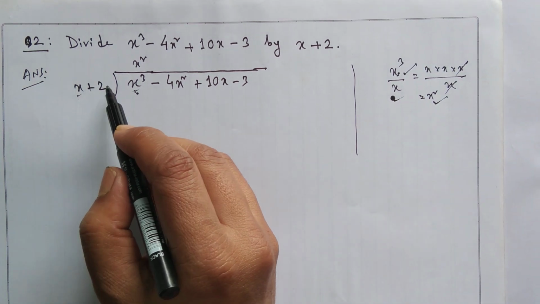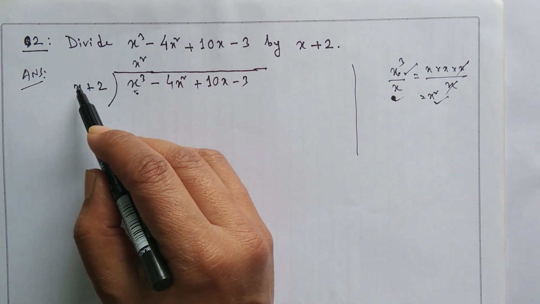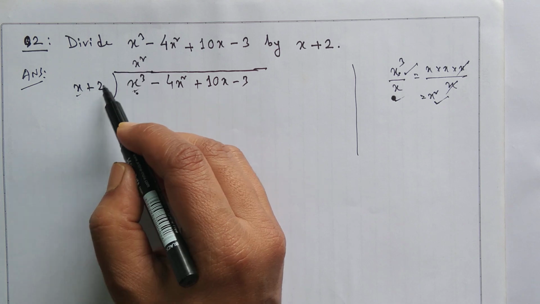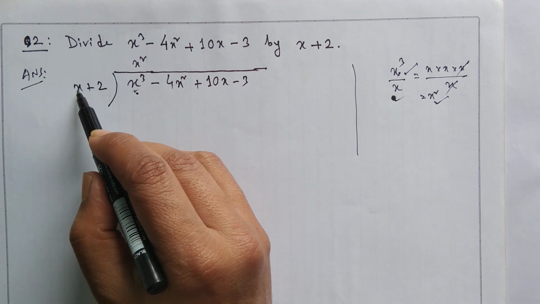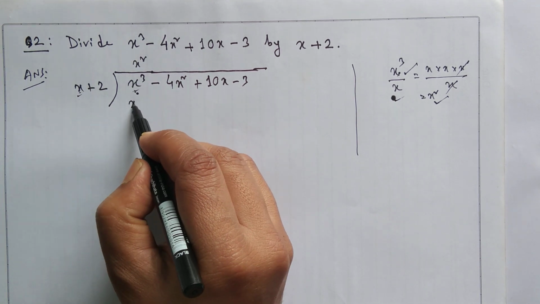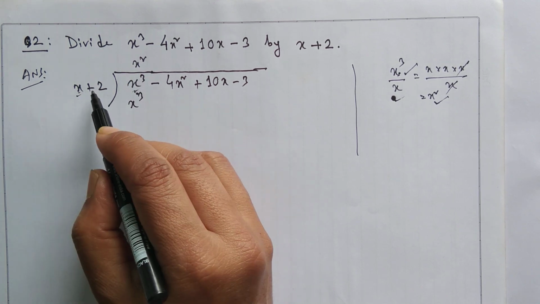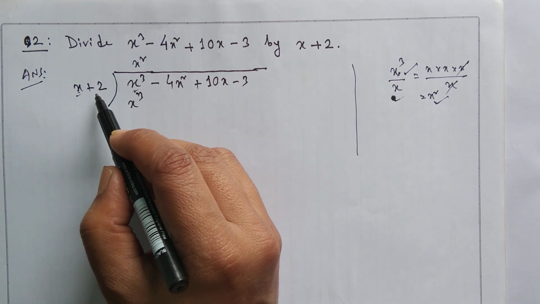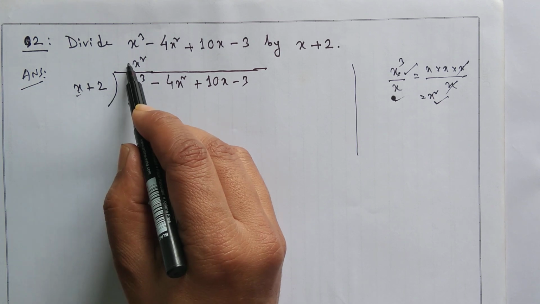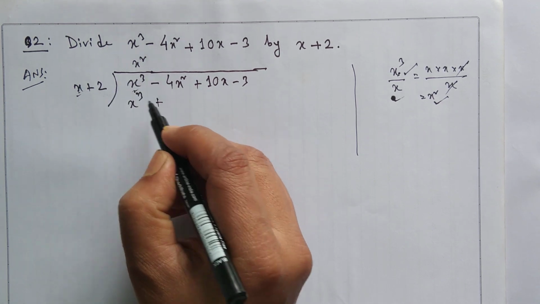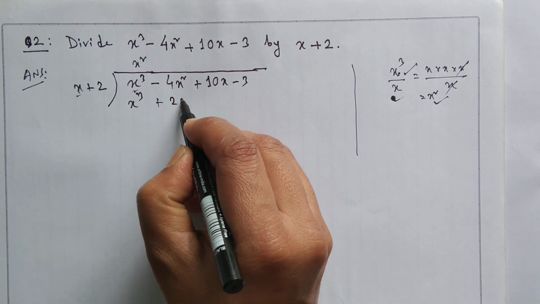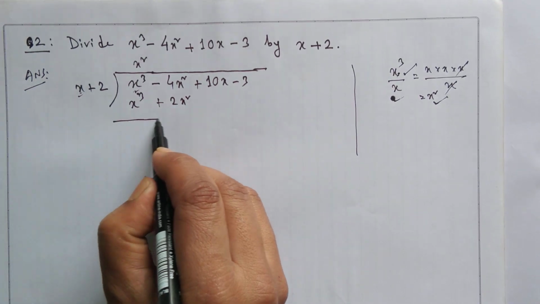Now remember this x square will be multiplied not only with x, it also gets multiplied with 2. Now x into x square, x cube. Plus, plus, plus, x into x square is x cube. Now x square should also be multiplied with plus 2. Here plus, here also plus, so 2 into x square is plus 2x square.